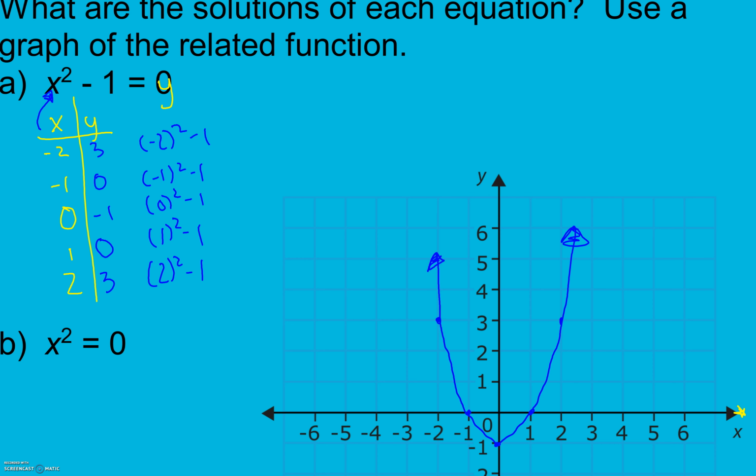Now, our solutions are when y is 0. They happen at our x-intercepts here. So I have two solutions. I have two places where I cross the x-axis. x equals -1 and x equals 1. So here I have two solutions.